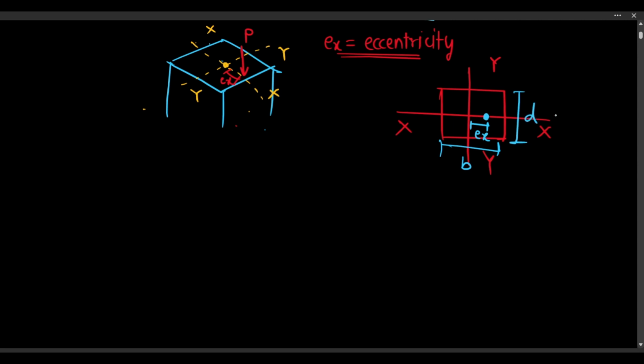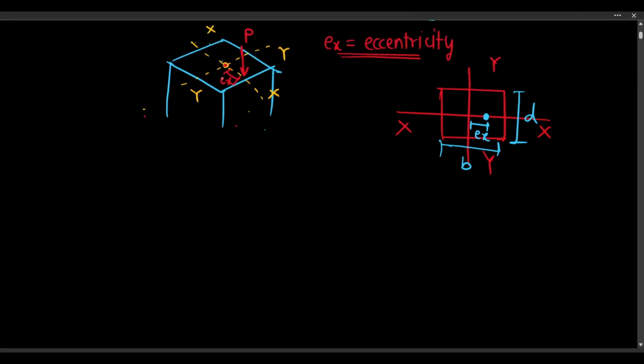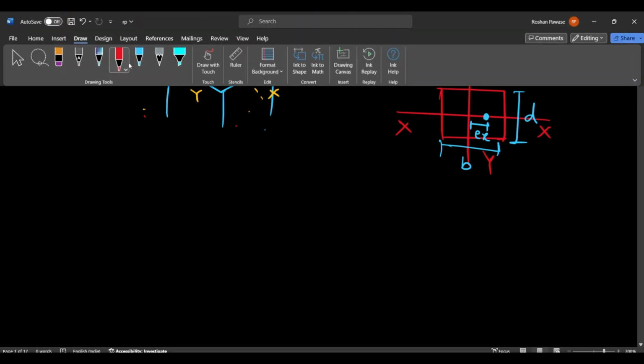Now we know in columns compressive loads are always applied, meaning compressive stresses are developed, because a column is not used for tensile purposes, it is used for compressive loads. So normal as well as bending stresses will come. Why? When P is over the axis of the column, only normal stresses come.